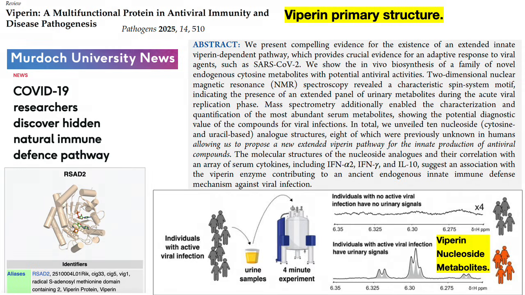So in the bottom part of the slide, you see individuals with active viral infections contributing urine samples. These are then passed through mass spec and NMR for rapid analysis. And then comparing individuals with no active viral infection, they have no urinary signals of these Viperin nucleoside metabolites.